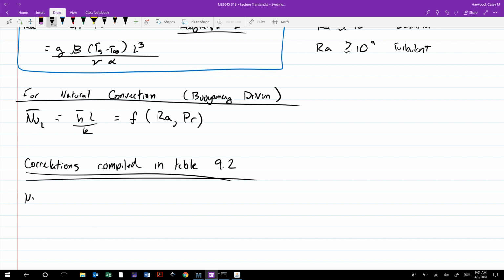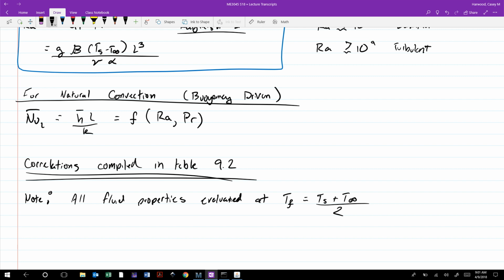But a last note before we dive into an example and show how the rubber meets the road: all fluid properties are evaluated at, once again, the film temperature, T sub F, which is equal to the average of the surface temperature and the temperature far away from the surface.